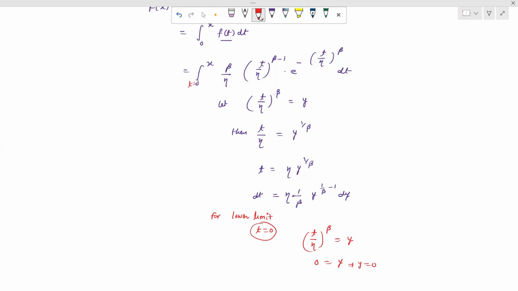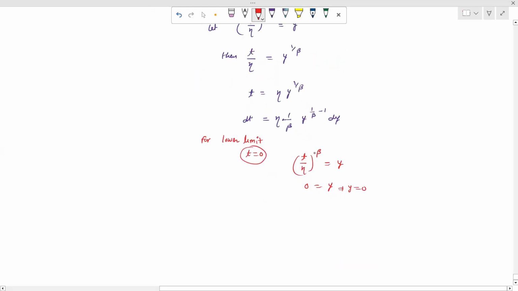Now we obtain the upper limit. For the upper limit, t is equal to x. Putting t equal to x, we get (x upon eta) raised to the power beta equal to y.